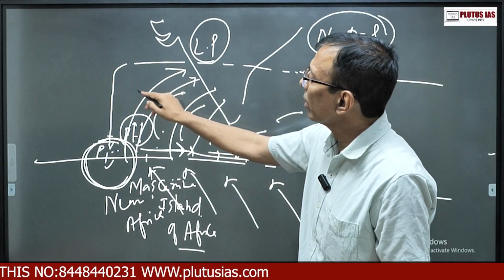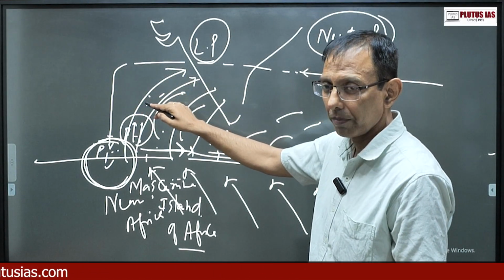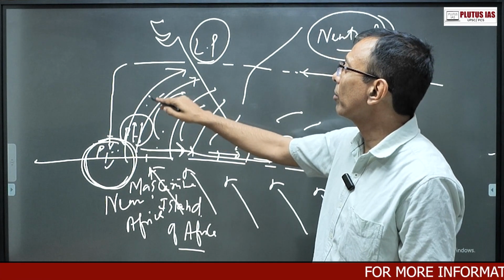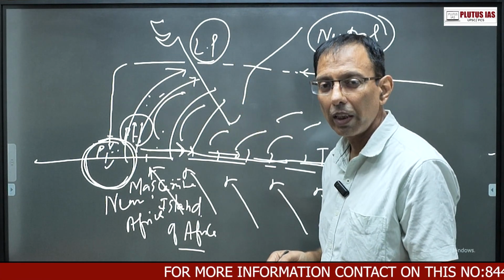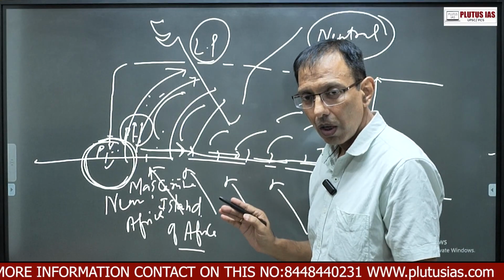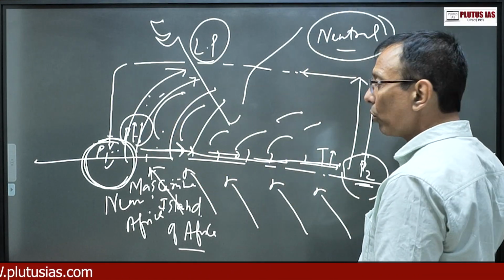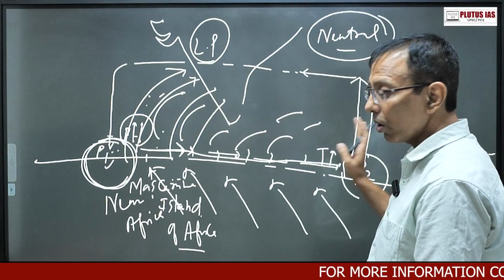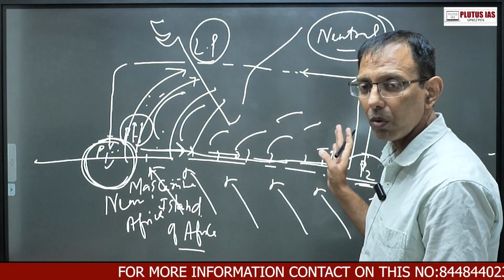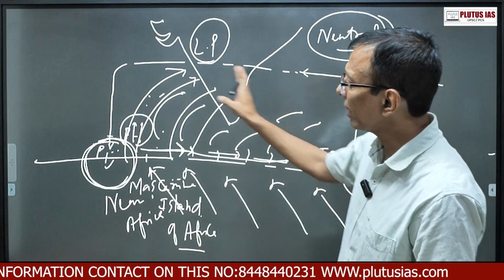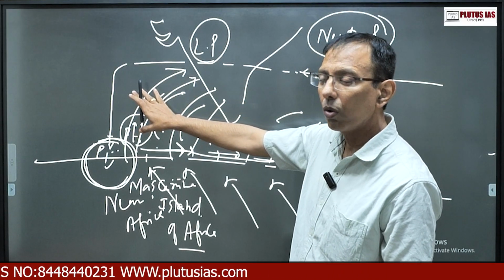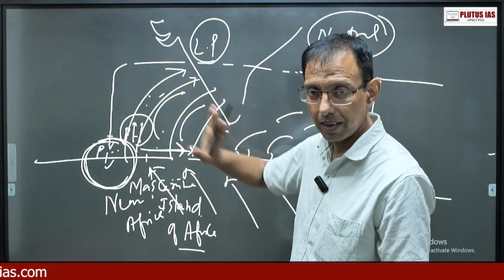So the amount of humidity that was possible to come to India will be reduced, and certain parcels will be moved towards the P2, the eastern Indian Ocean, and the intensity of monsoon would be decreased.